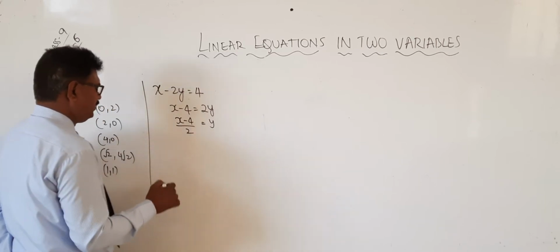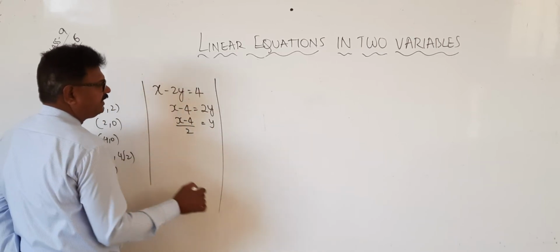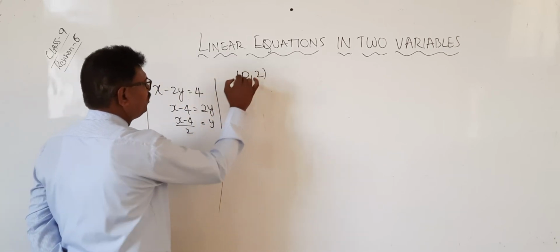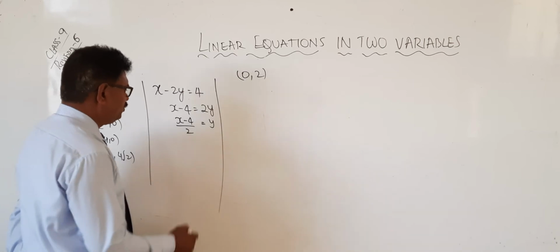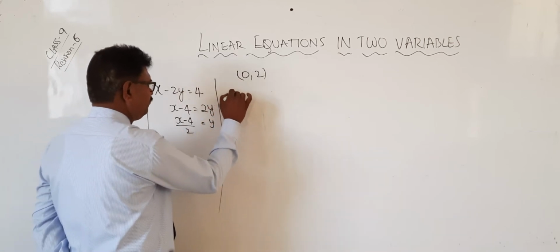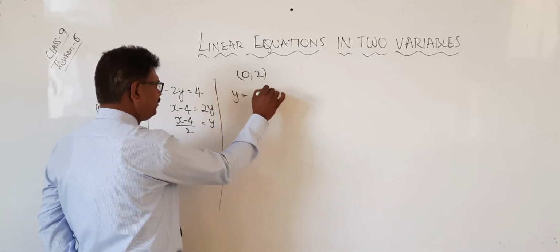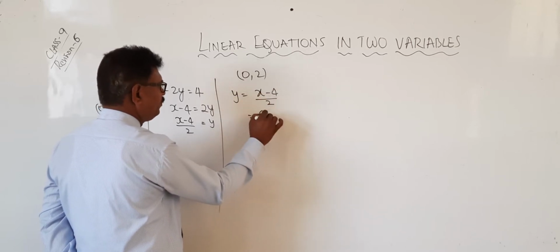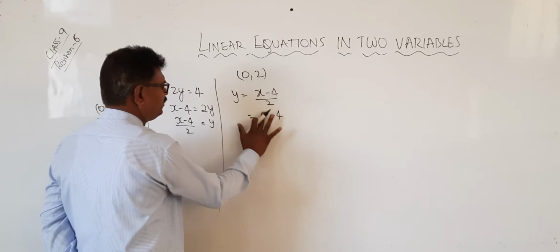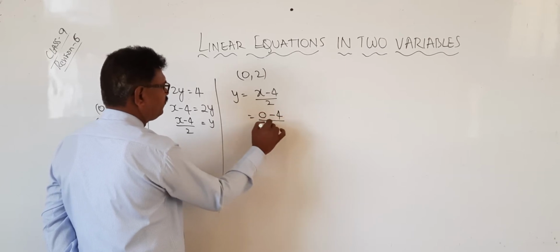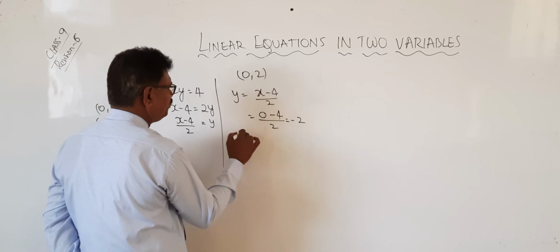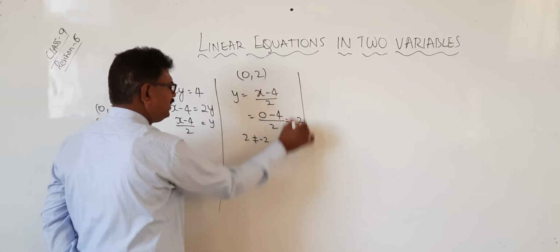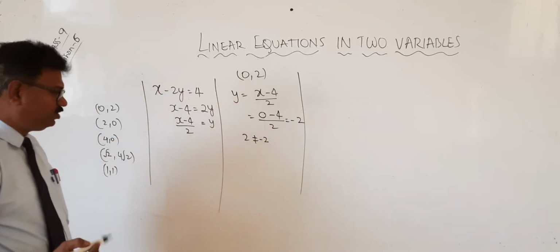Now, he has given the first point as (0, 2), so substitute x equal to 0 in y equal to (x minus 4) divided by 2. So 0 minus 4 by 2 is nothing but minus 2. Therefore, 2 is not equal to minus 2. Therefore, it is not a solution.